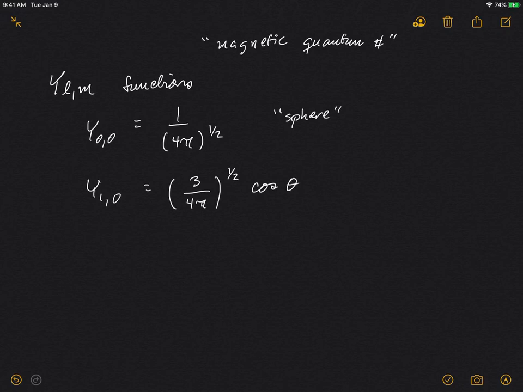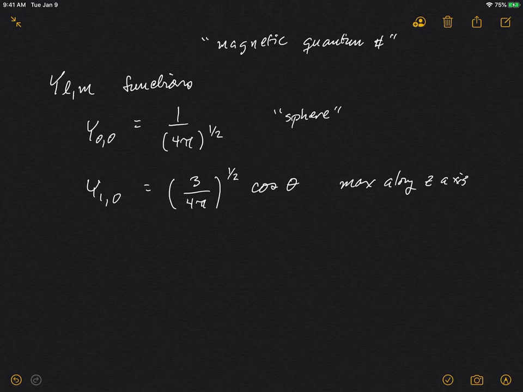And because it has cosine theta, and theta is the angle with respect to the z-axis, this is maximum along the z-axis. So it's max at x and y equals 0.